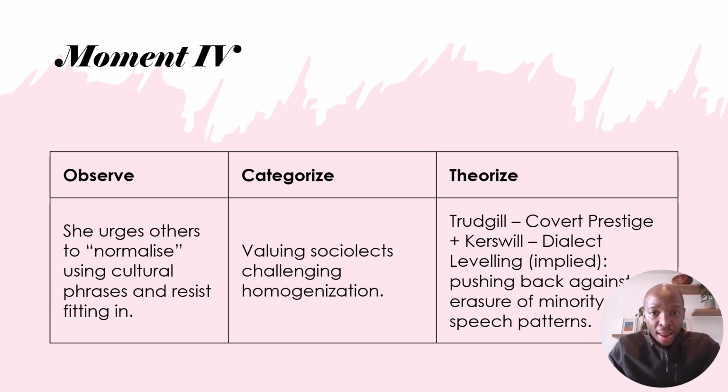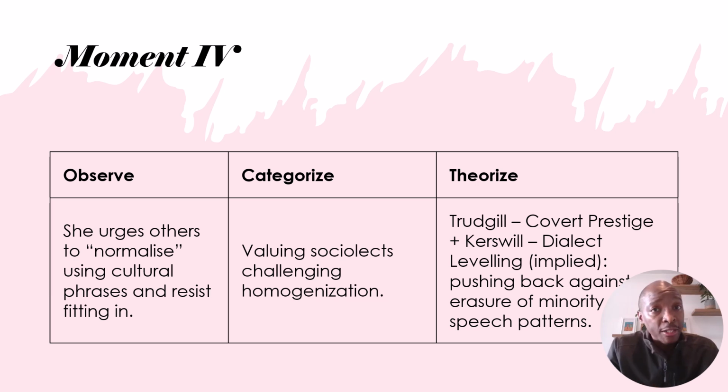Homogenous means to flatten, to make the same, and make everyone the same. And I think when I actually read that, I thought about dialect leveling, Kurzweil's idea of dialect leveling, and how almost this is a response to that. I could also bring in Trudgill as well, this idea of prestige, but those are some of the theoretical concepts I could use. These are not exclusive, right?